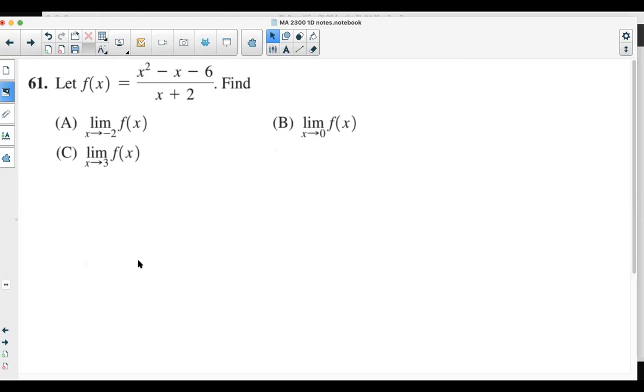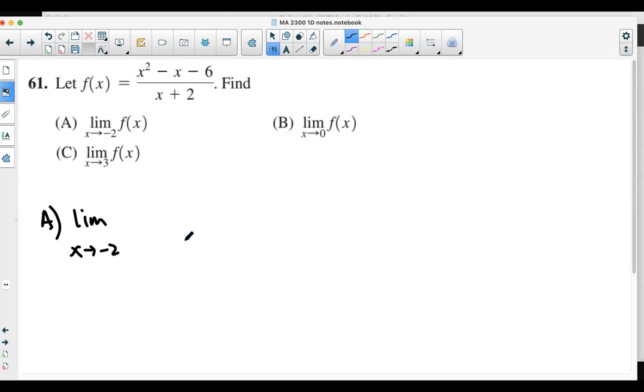So in that case, what I can do is this. In case of A, for the limit as x approaches negative 2, I can rewrite this in factored form. When you factor this, we get x minus 3 times x plus 2, over x plus 2.